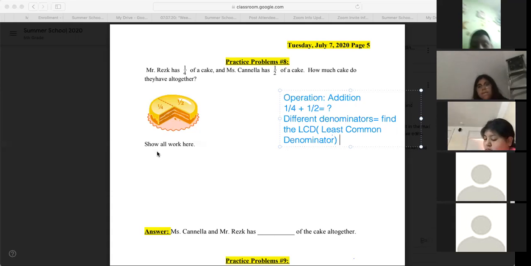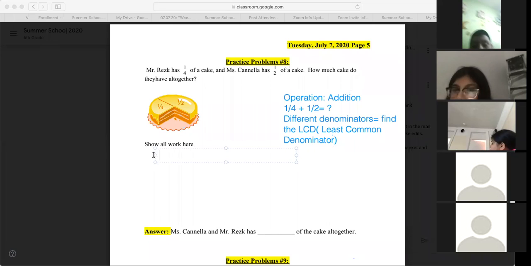Now, I want to know if one denominator is 4, Lorenzo, and the other is 2, which fraction am I going to change? The 1/4 or the 1/2? Who can help them out? Yes, the 1/2. So we're going to keep the 1/4.